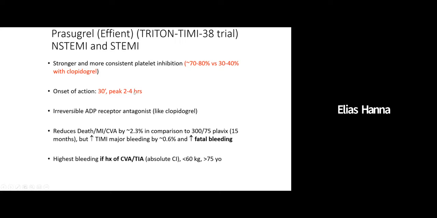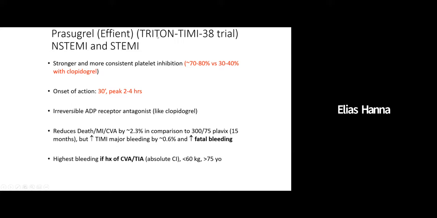So it also takes 2 to 4 hours to reach the optimal effect, except being so potent, you already get a significant platelet inhibition, maybe 30+% by 30 minutes. Like Plavix, its metabolite, the same metabolite, is an irreversible ADP receptor antagonist.